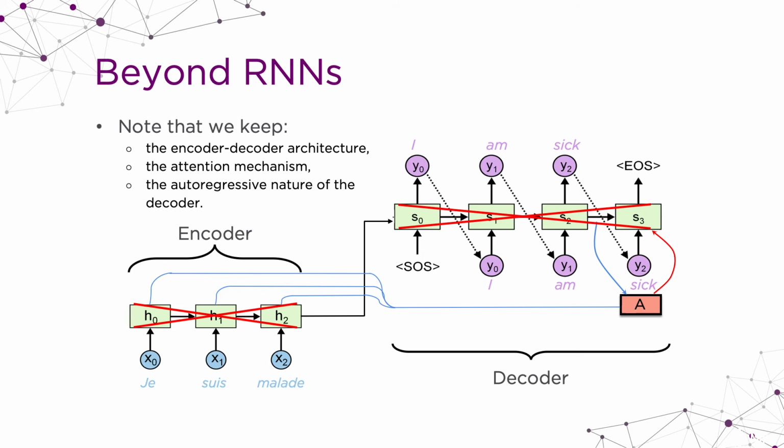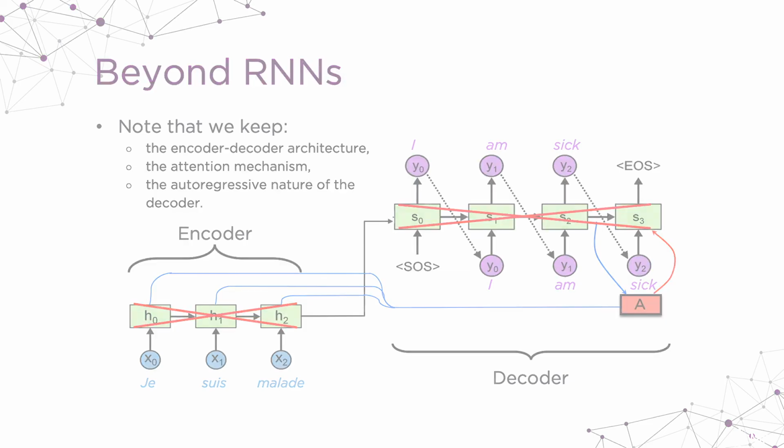And we want to keep the autoregressive nature of the decoder because we saw how this is a very clever way to generate output that is also consistent, because the decoder always knows what was produced before. So we want to keep these points in mind when creating this new architecture that we will call the transformer.